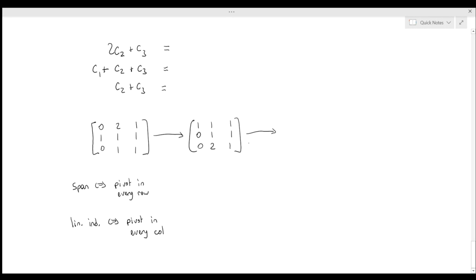And then if I just do one more row operation, we'd end up with this upper triangular matrix. And now that we've reduced it to row echelon form, we see that we have a pivot in every row as well as every column. So therefore, they would both span and be linearly independent, and therefore they would be a basis for our space, okay?